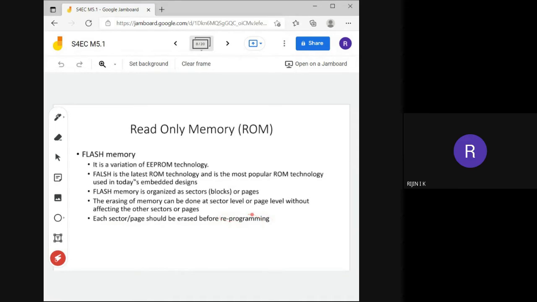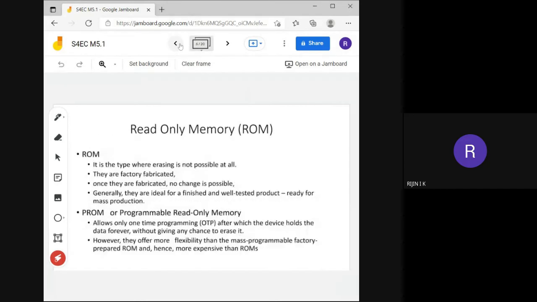Okay, so that's all about the flash memory. So these are the different categories of read-only memory. What are they? Simple ROM is there. Then programmable read-only memory is there, that is PROM.